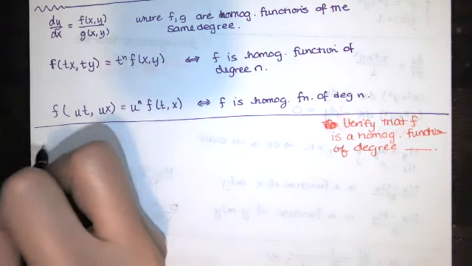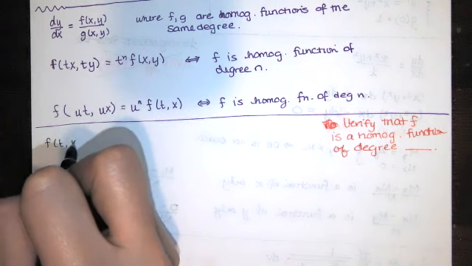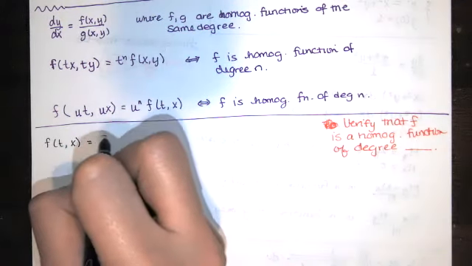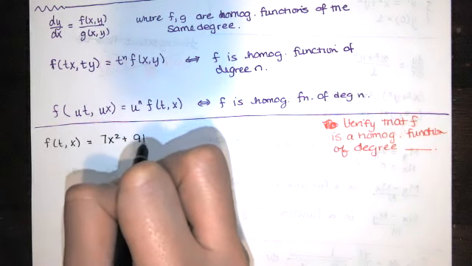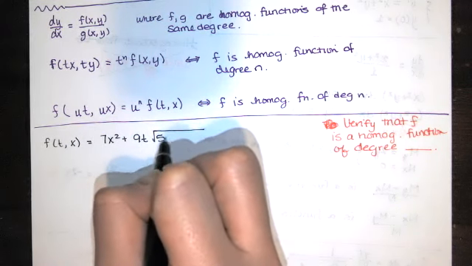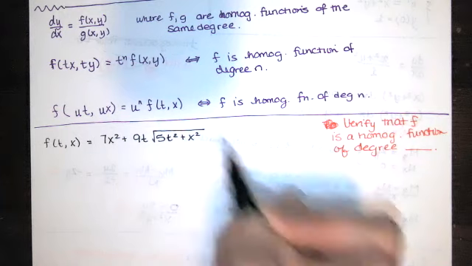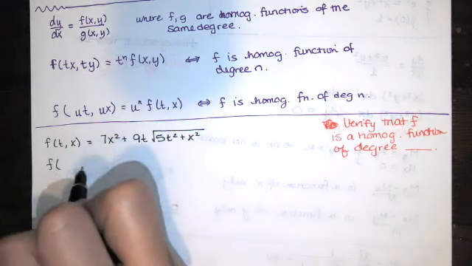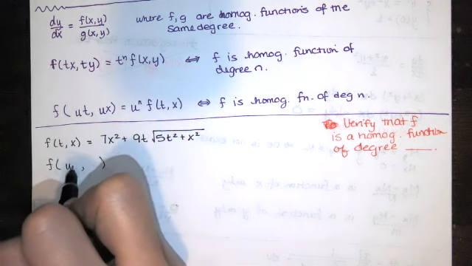So I've got f of t and x is 7x squared plus 9 times t times the square root of 5t squared plus x squared. Now, in order to verify that that's homogeneous, I'm going to replace each variable with the variable times u.